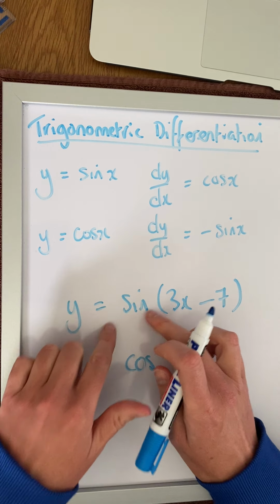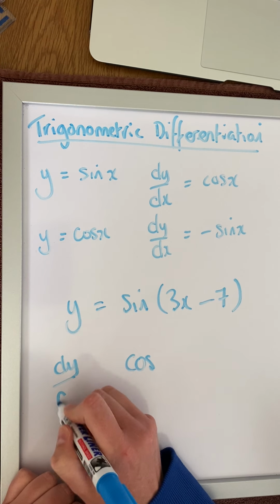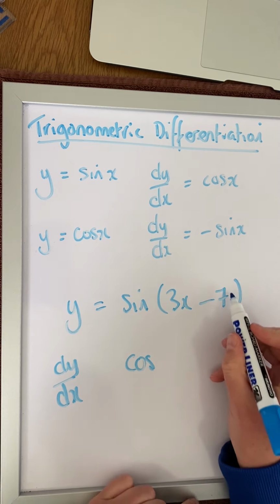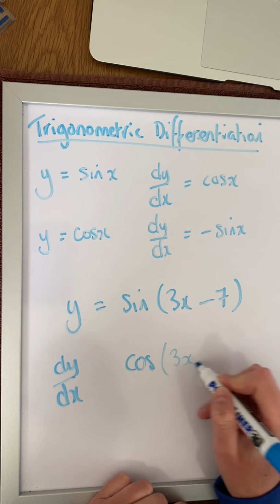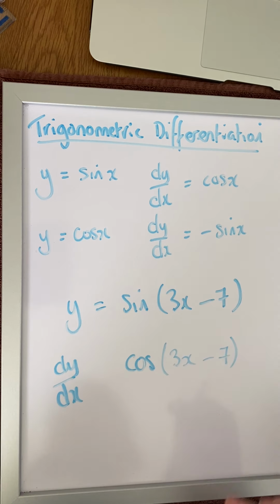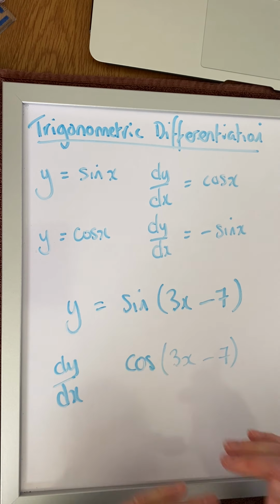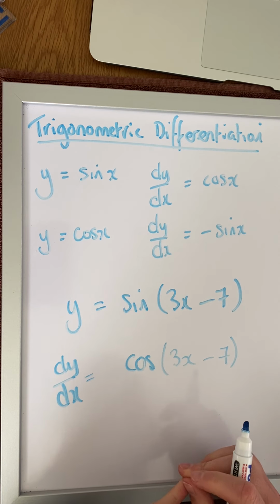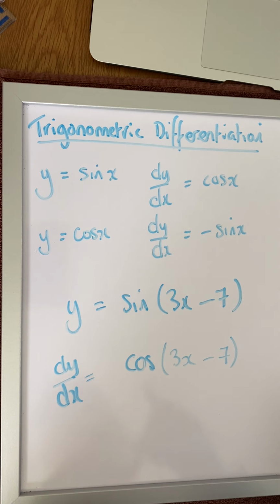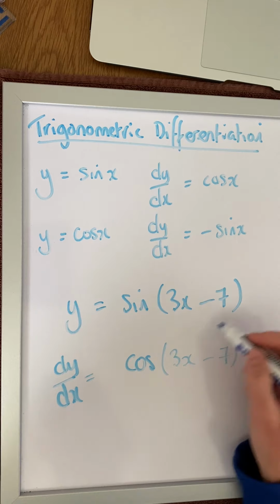So sine becomes cos when you're looking at the derivative. That's step 1. The angle of a trigonometric function always remains the same. So that bracket will carry down to the derivative. The last thing that we need to worry about is we have to multiply by the derivative of the bracket.